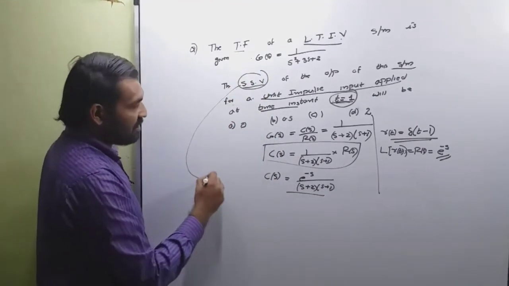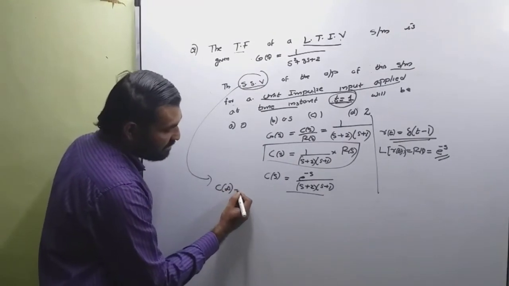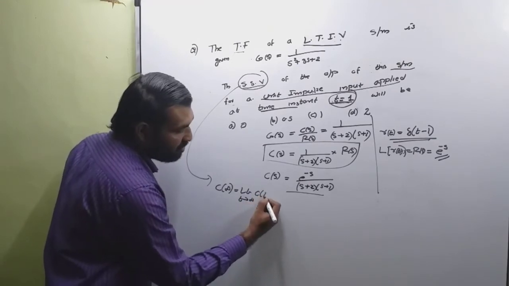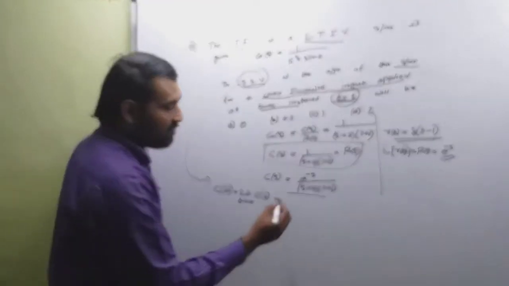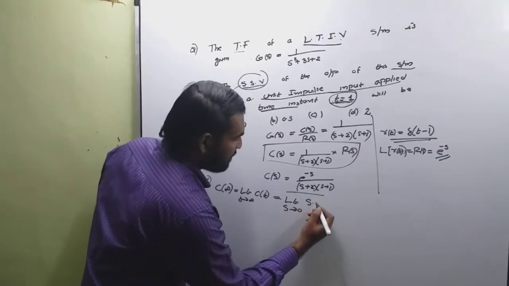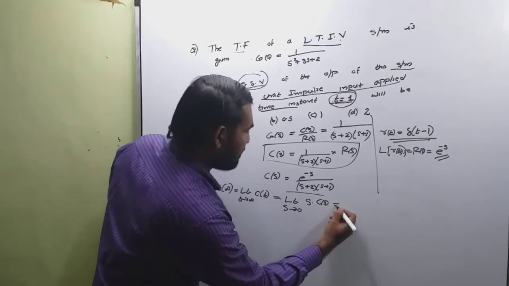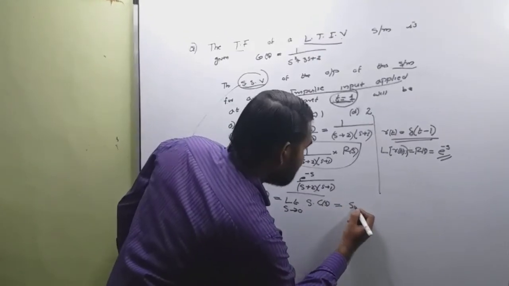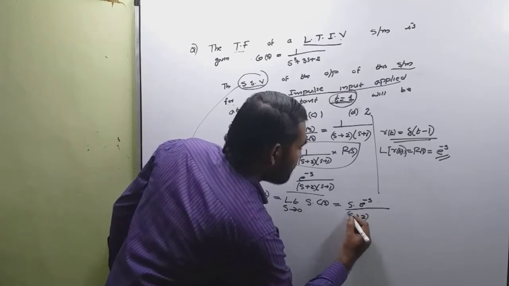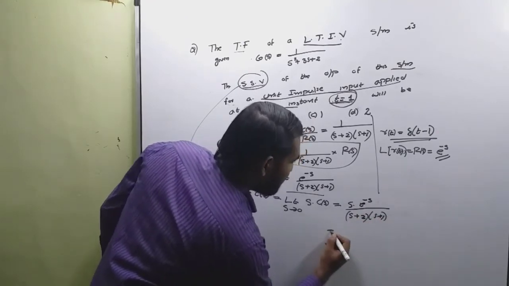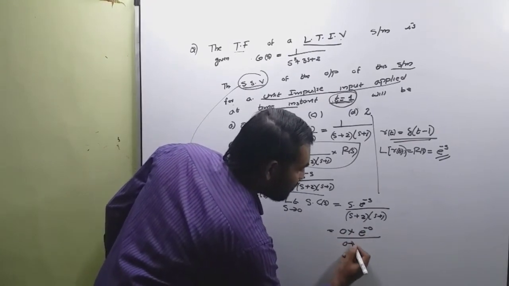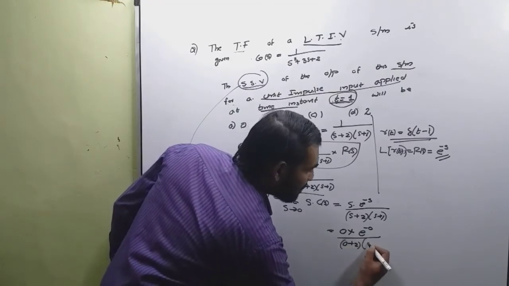Steady state value is c(infinity), that is equal to limit t tends to infinity c(t). By using the final value theorem, this is equal to limit s tends to 0, s times C(s), that is equal to s times e raised to minus s divided by (s plus 2)(s plus 1), is equal to 0 times e raised to minus 0 divided by (0 plus 2)(0 plus 1).